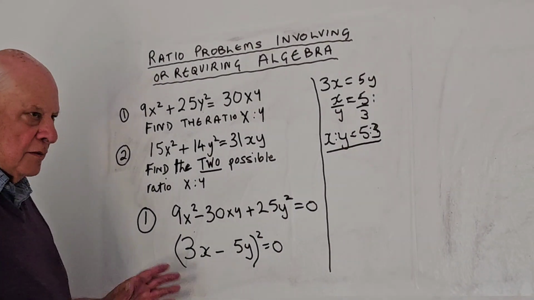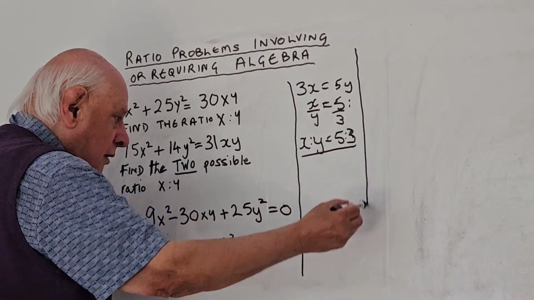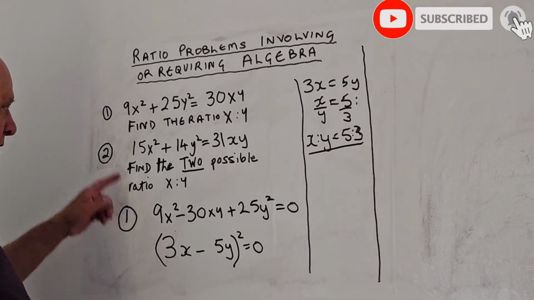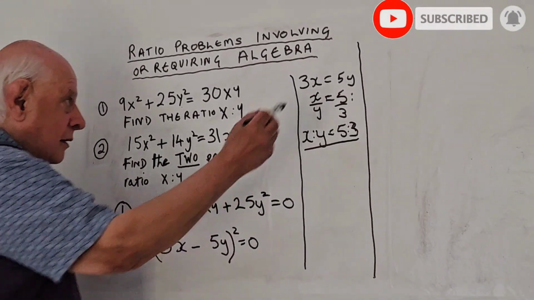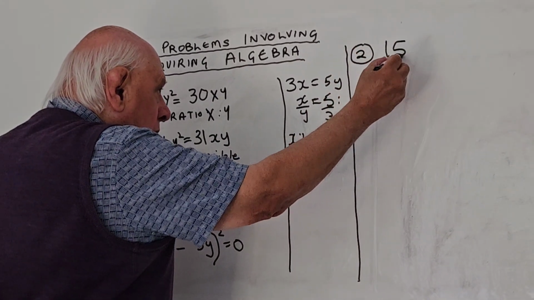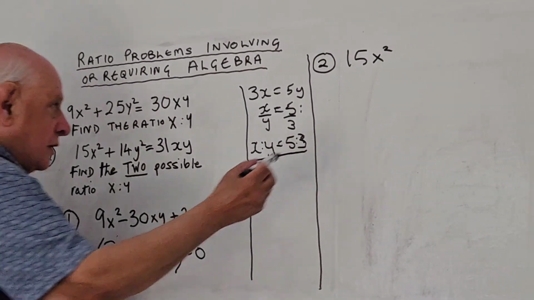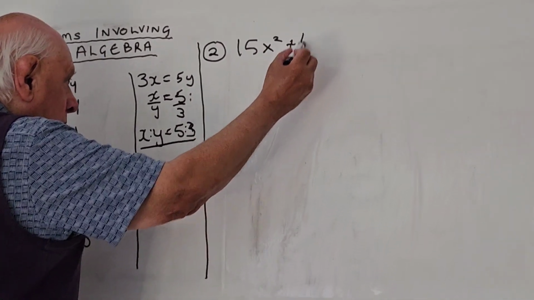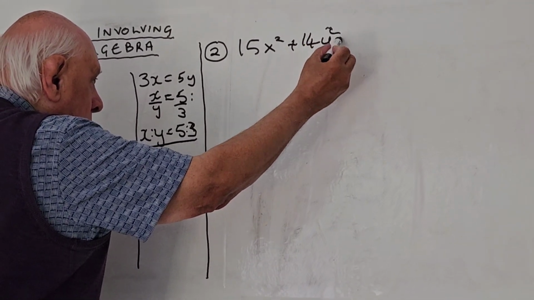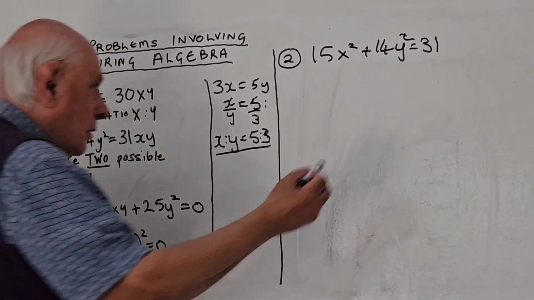The second one is similar, but only very slightly different, which I'll go through now. So I'll copy that down, 15x squared plus 14y squared equals 31x times y.